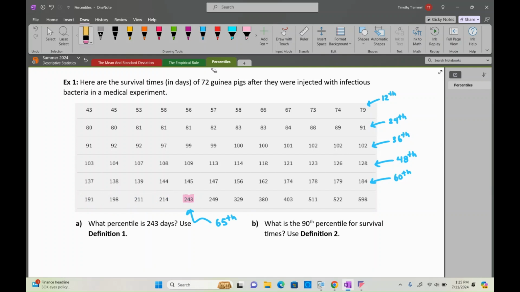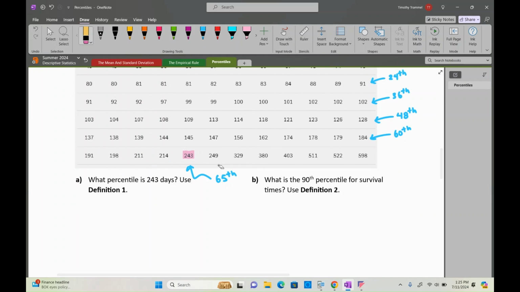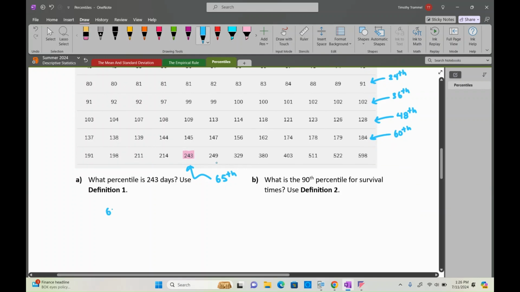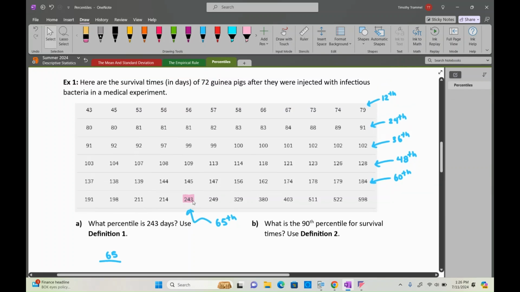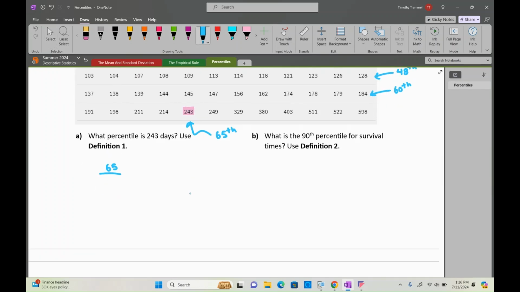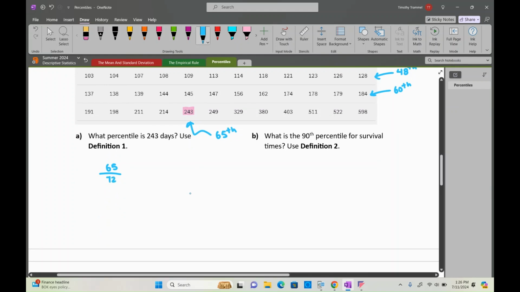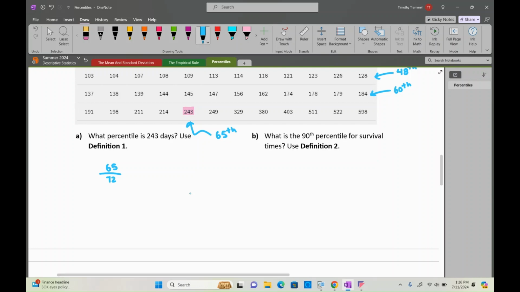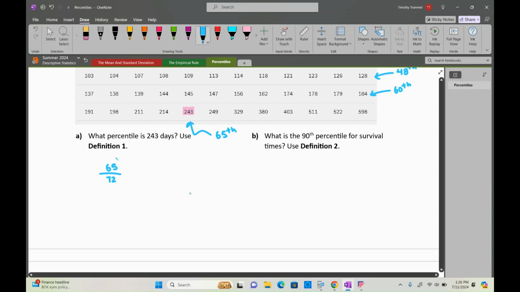So when we go to compute our percentile, we want to write that we have 65 out of 72. So 65 out of the 72 numbers in this data set are equal to or less than 243. At the moment this is just going to give us a decimal.